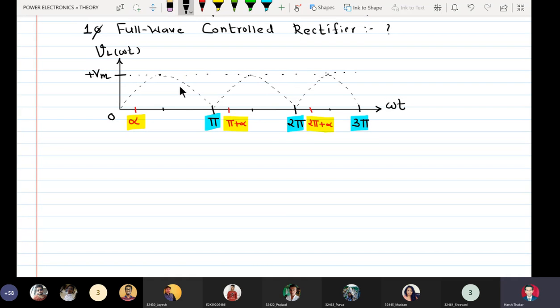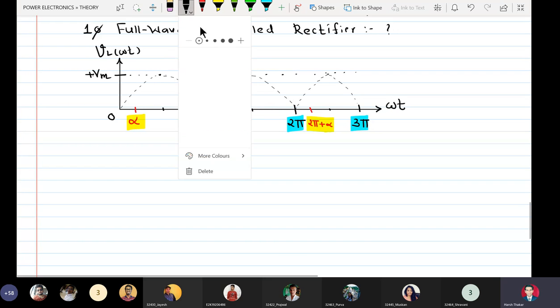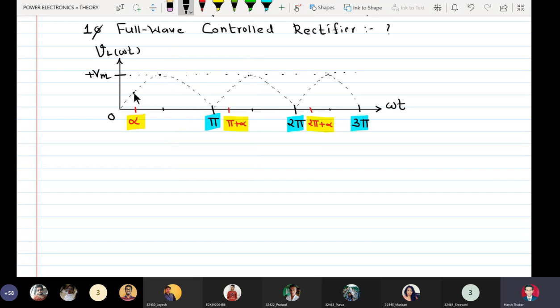Understand here that we have some devices which will conduct during the negative half cycle. That is why, unlike a single phase half wave controlled rectifier, we will be having a non-zero load voltage in the negative half cycle, that is from pi to 2 pi. So here the waveforms will be drawn like this. Again, nothing from pi to pi plus alpha. At pi plus alpha, there is somebody who is conducting.